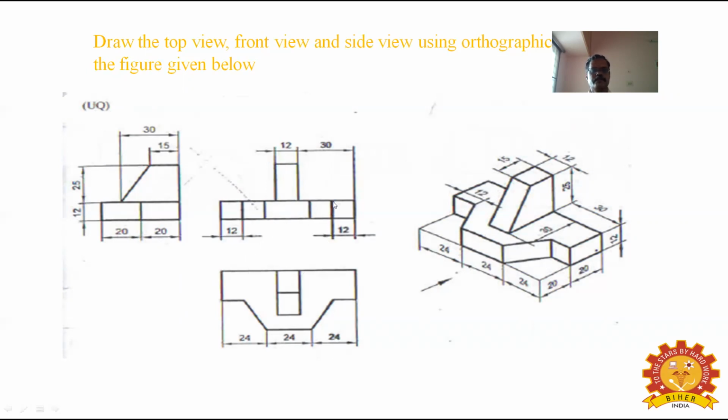After completing the inner edges, you have to draw the height of the rib. The rib dimension is given as 30 mm from the one end, height is given as 25, and width is given as 12. So 12 by 25 height.